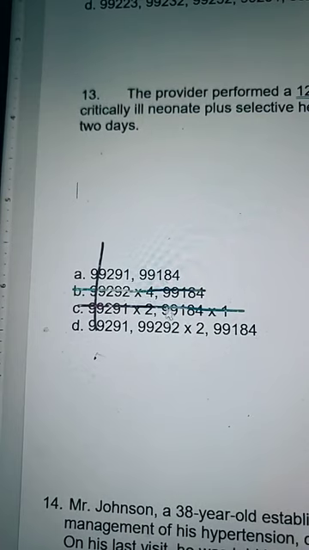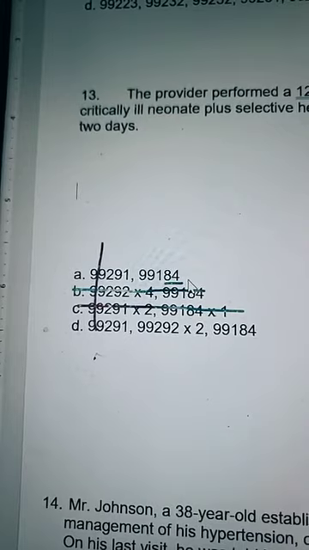So this is going to be where I want to rely on my codes. I want to go to the first one in numerical order, which will be that one, the 99184.